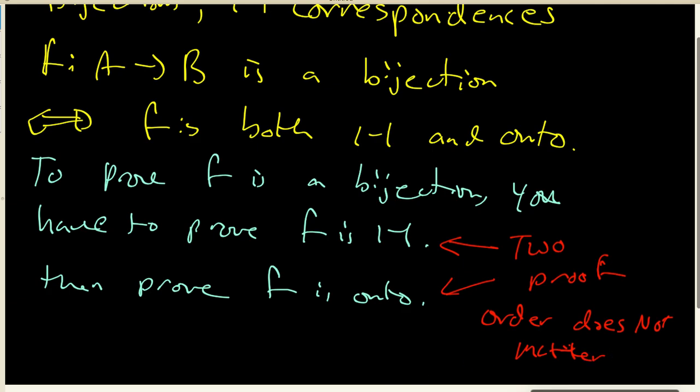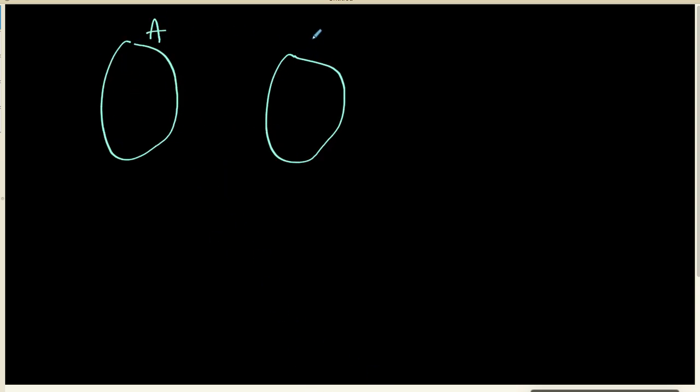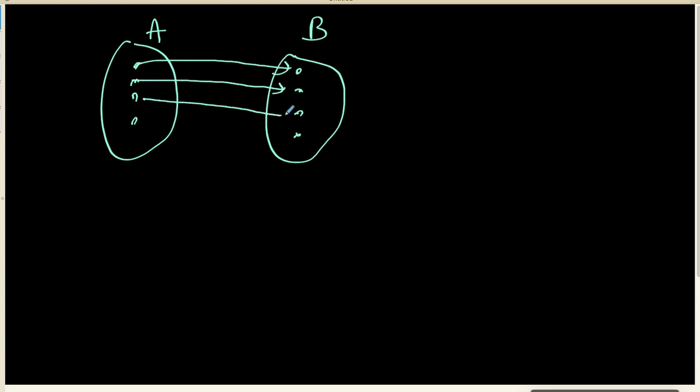In arrow diagrams, what does a one-to-one onto function look like? We would have A here, we would have B here, and if we are in a finite world, we are going to find out that the two sets have to have the same size, because one-to-one says each b has no more than one incoming arrow, and onto says each b has at least one incoming arrow.